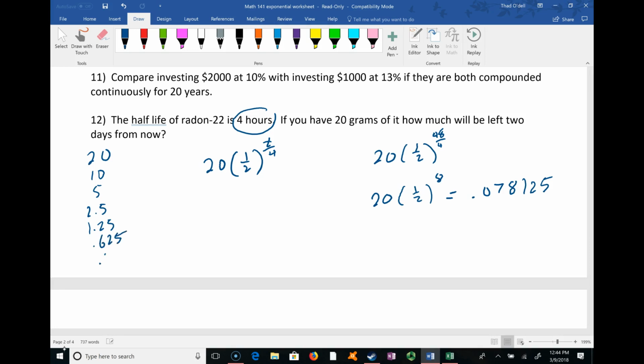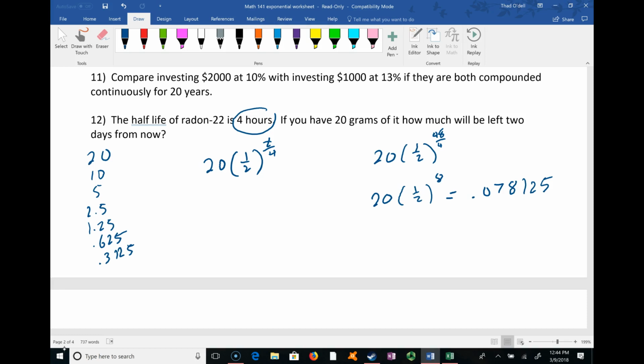Half of that would be 0.3125. And you can see we just kind of keep going down towards that. Okay? That was 1, 2, 3, 4, 5, 6. There's 2 more of those and we get to that.